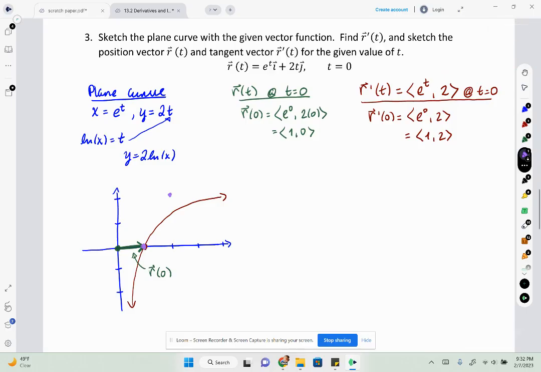So starting at the point of tangency, that's the 1, 0, and then going over 1 and up 2 gives me this vector right here, which is indeed tangent to the plane curve. And this is all we have to do.